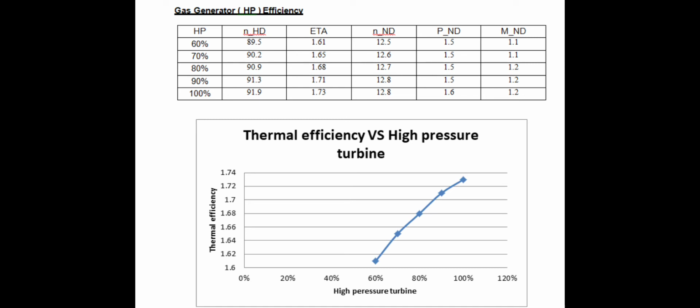As the efficiency of the gas generator steadily increases to 100%, the thermal efficiency reaches its maximum at 1.73%. This occurs because more net output is transferred to the low pressure turbine. The higher the efficiency of the high pressure turbine, the more the shaft spins, resulting in an increase in the efficiency of the turbine.